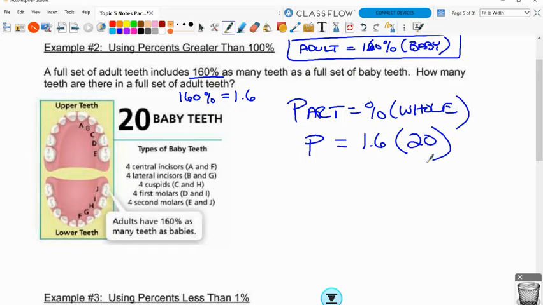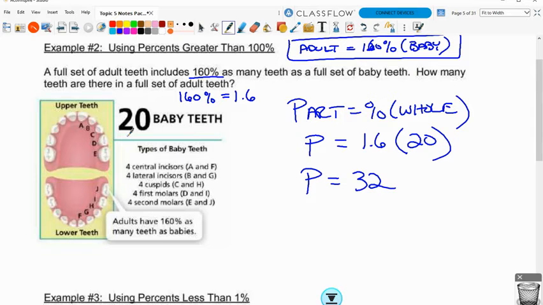So in order to get the number of adult teeth, which is our part P, we're going to have to multiply 1 6/10 by 20. If you punch that into your calculator, you would get an answer of 32. And this answer makes sense because adults have more teeth than babies do, so our answer should have been bigger than 20, and it is.